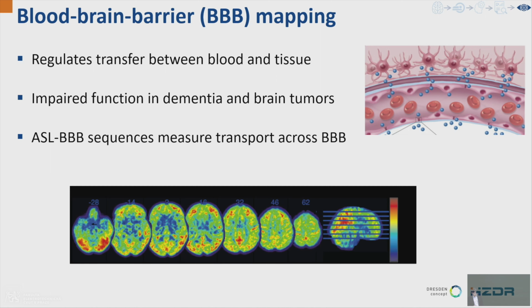And our normal ASL sequence, of course, cannot measure this, but if we modify the sequence, we're able to judge if the blood is still in the vessels or if it comes to the tissue, and by that we can calculate a proxy parameter that also quantifies the transport across this barrier.